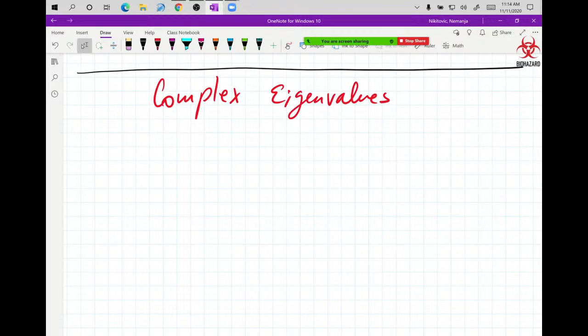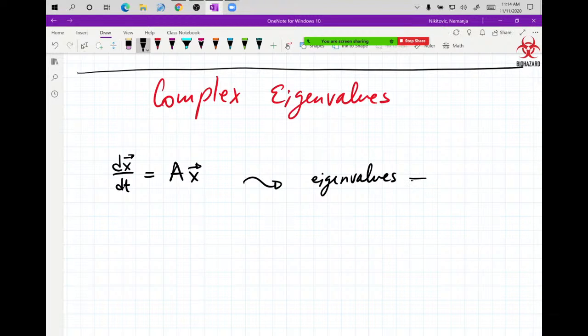So we go and we solve that determinant. We have our dx/dt is equal to Ax, and then we go through the process of finding eigenvalues, and those eigenvalues turn out to be complex, meaning lambda is equal to a plus minus bi.